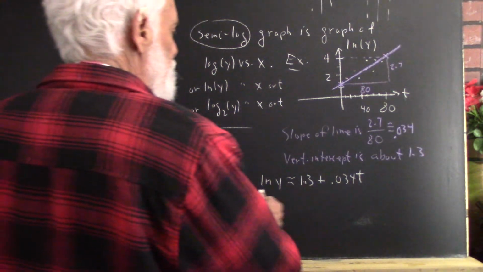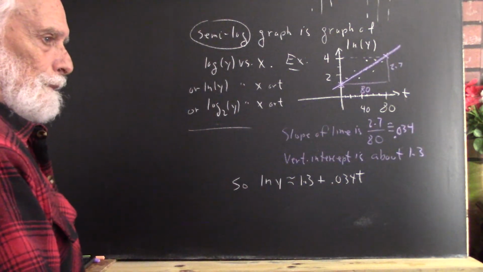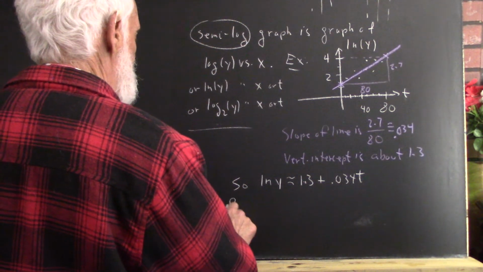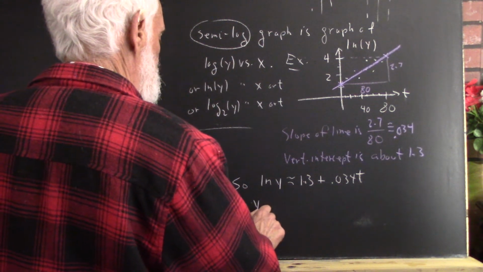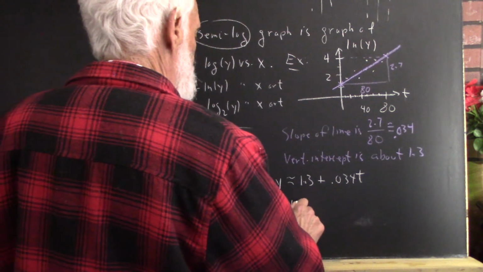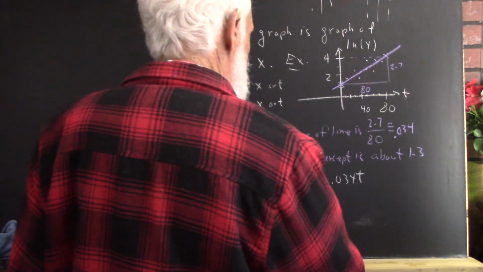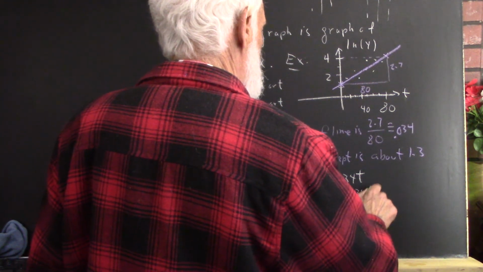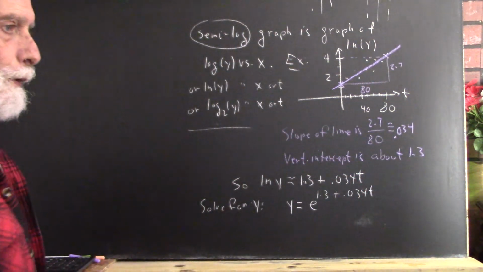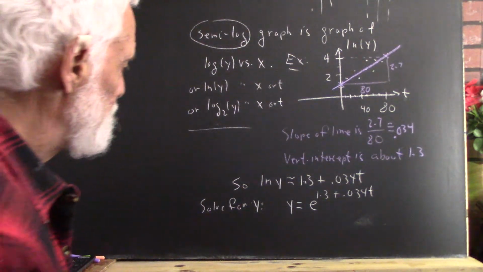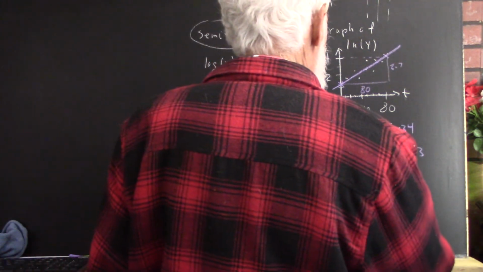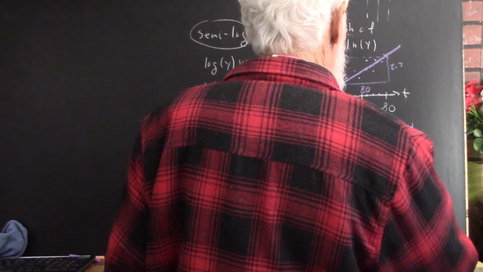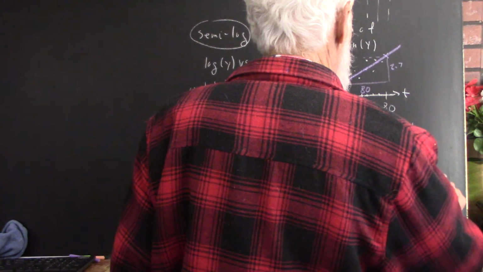Okay, so anyhow, you have this model, and now all you do is solve for y. Well, you get y equals e raised to the 1.3 plus 0.034t. And that equals e to the 1.3 times e to the 0.034t.